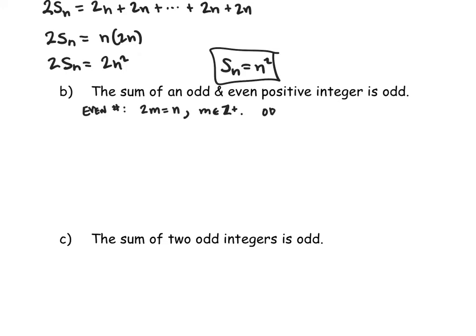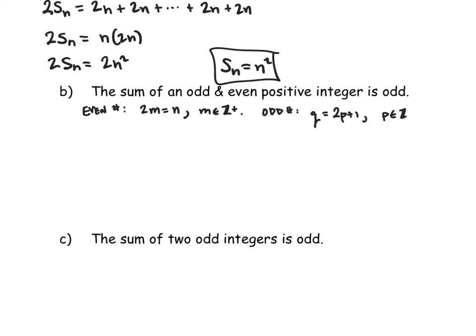An odd number, let's call it q, is equal to 2 times p plus 1, where p is a positive integer as well.